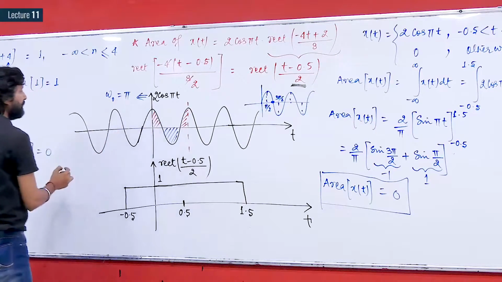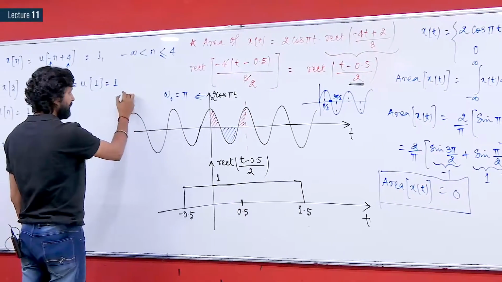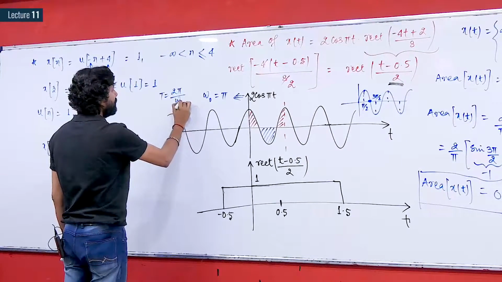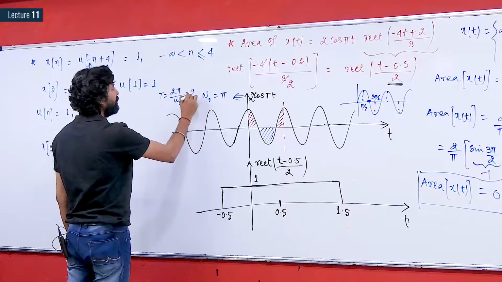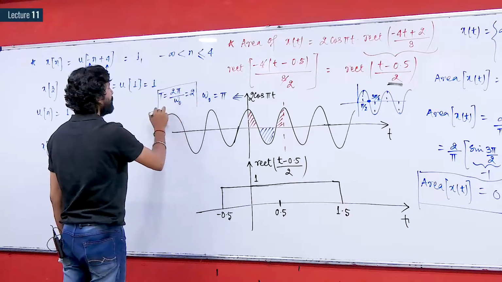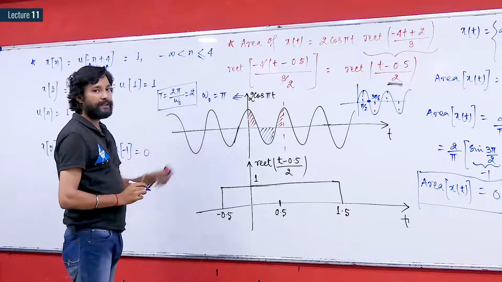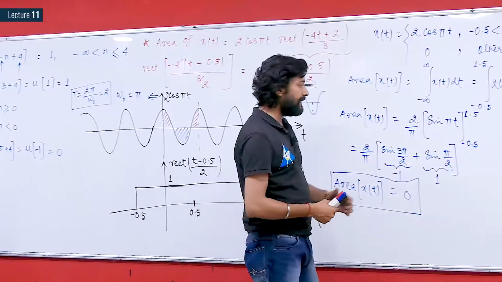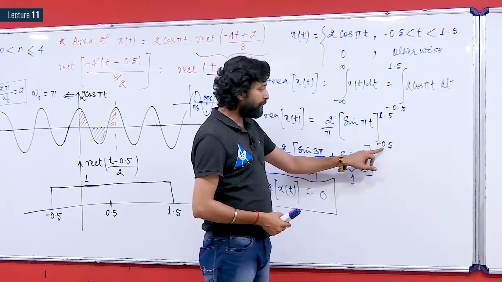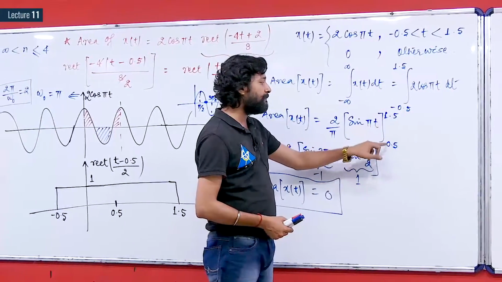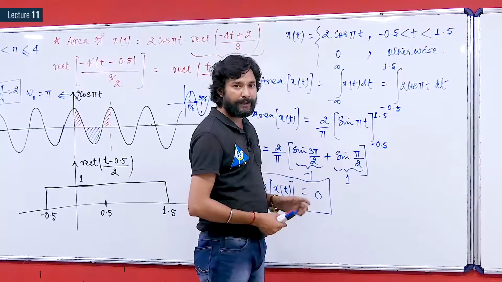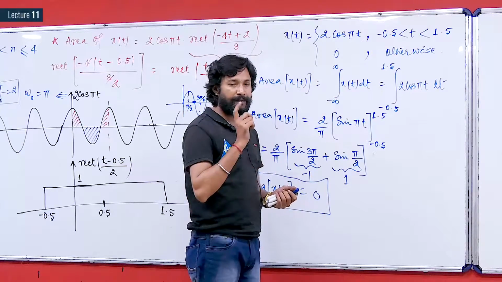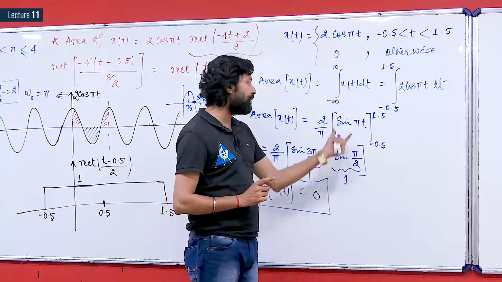To find the time period, T is equal to 2 pi upon omega naught, that is 2 pi upon pi, which is 2 seconds. So the time period of this cos function was 2 seconds, and the interval over which you integrated, from minus 0.5 to 1.5, is also 2 seconds. It means you are integrating the cos function over one time period, therefore you obtained the area to be 0.